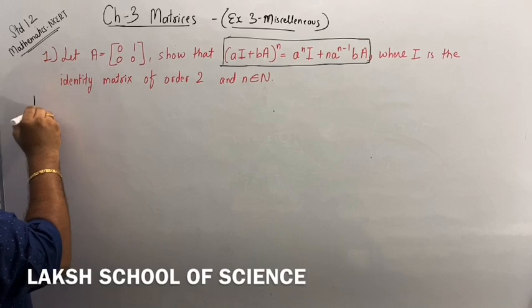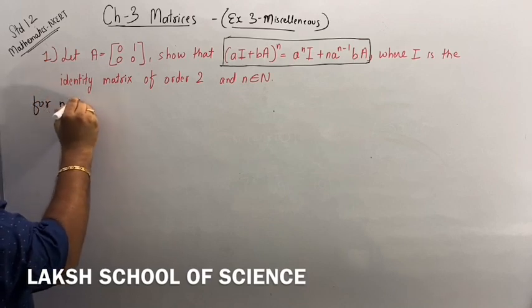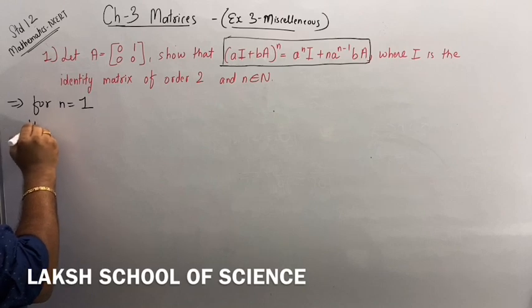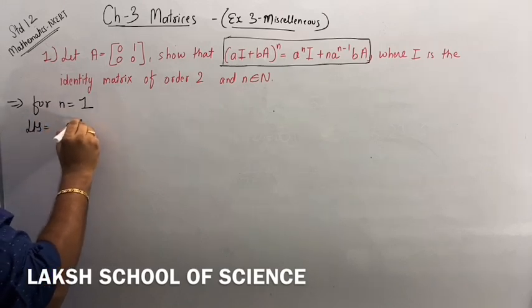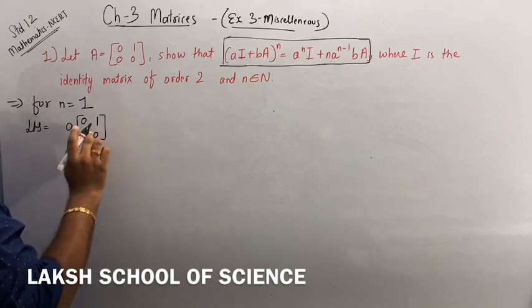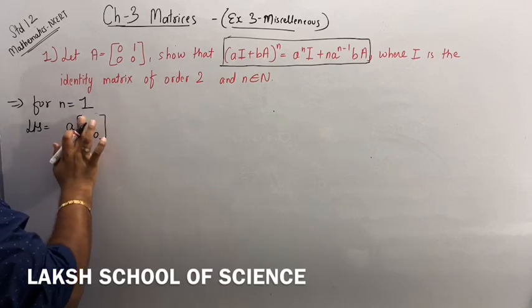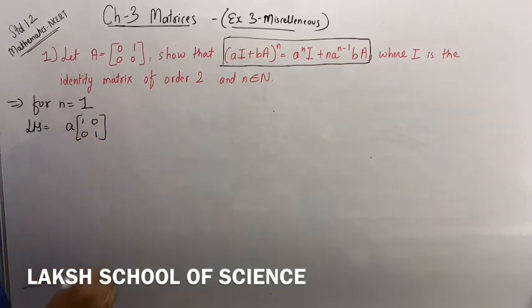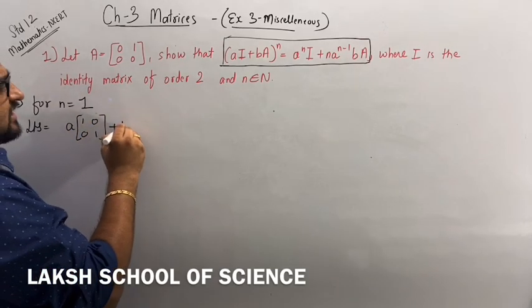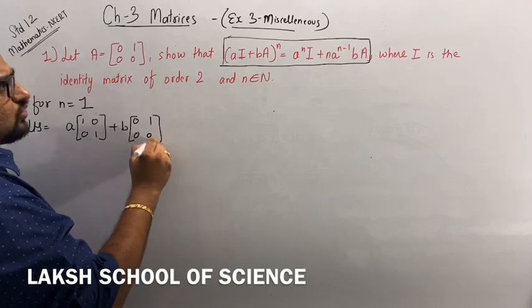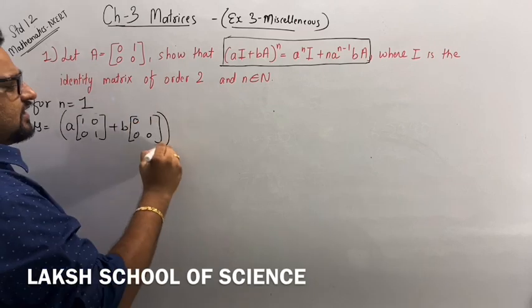Okay, for n equal to 1, what is LHS? A I, where I means 1, 0, 0, 1. Right? Plus BA. What is A? 0, 1, 0, 0, whole raised to n.